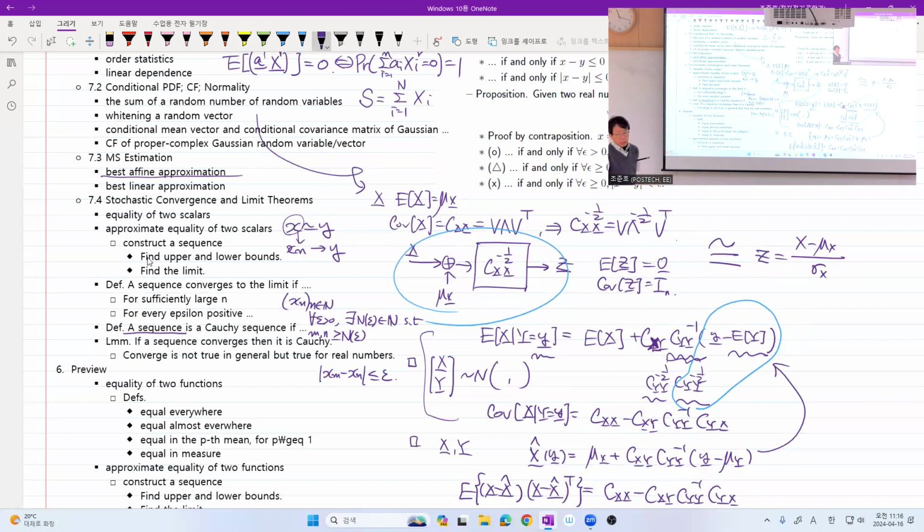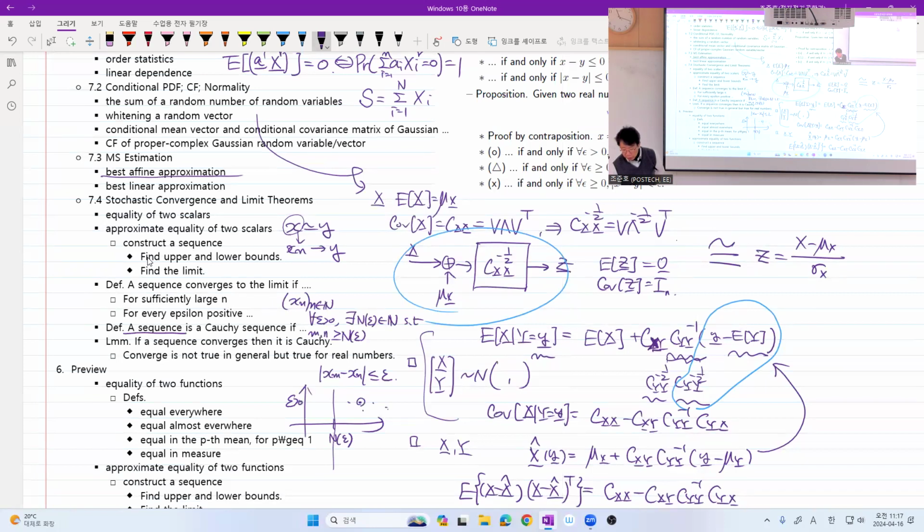Okay, and here be careful. Even though you don't have the target, if you choose some epsilon positive and you find N of epsilon, then what happens after that?